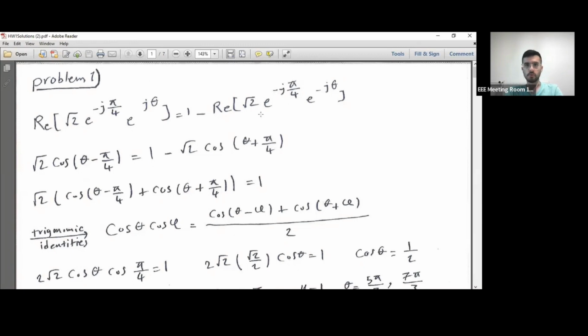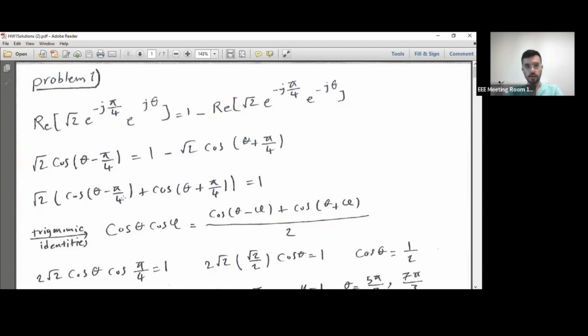This is the usual thing that we did before also. Then we will move this term to the other side and factor square root of 2 from the two terms. This gives us this equation.